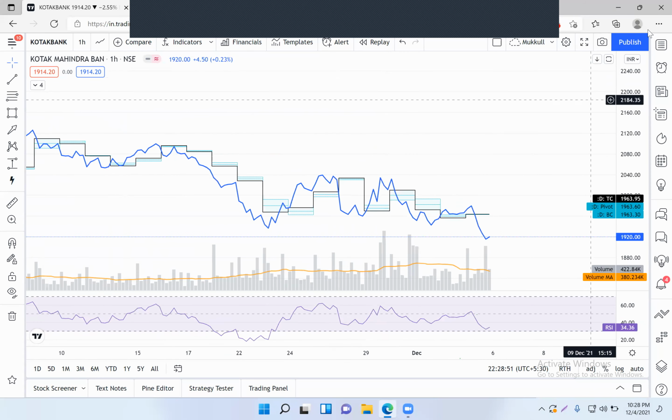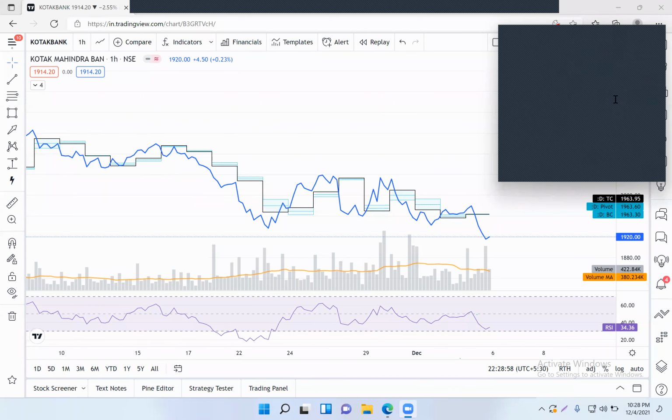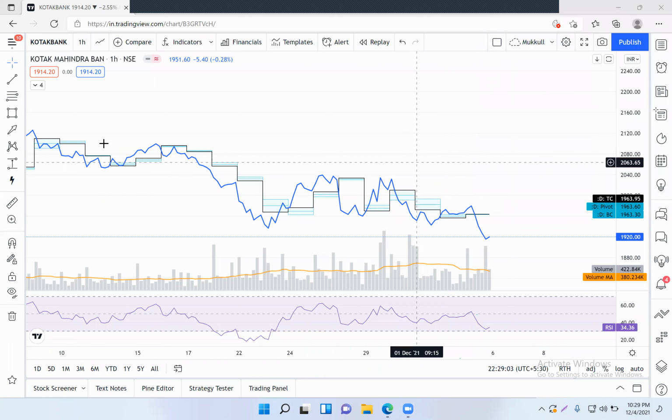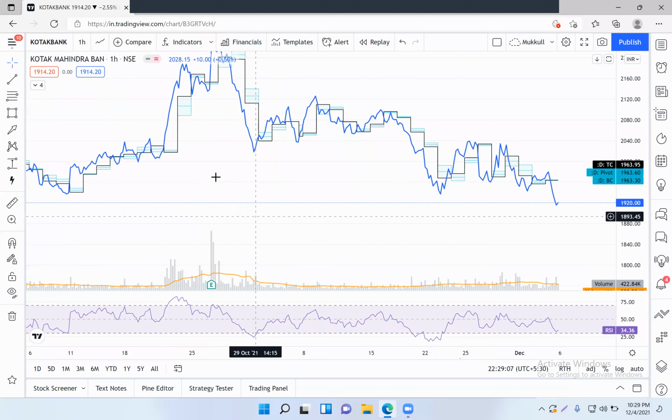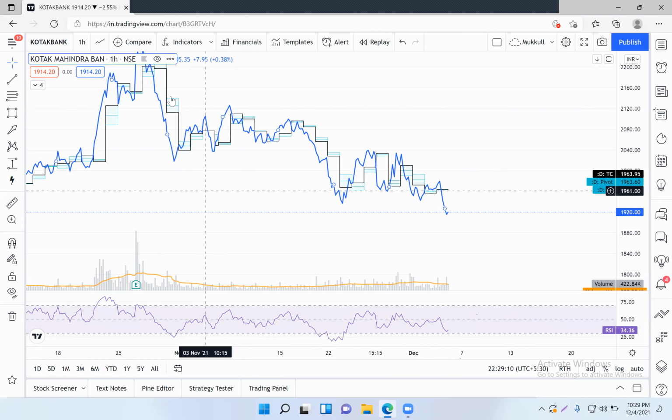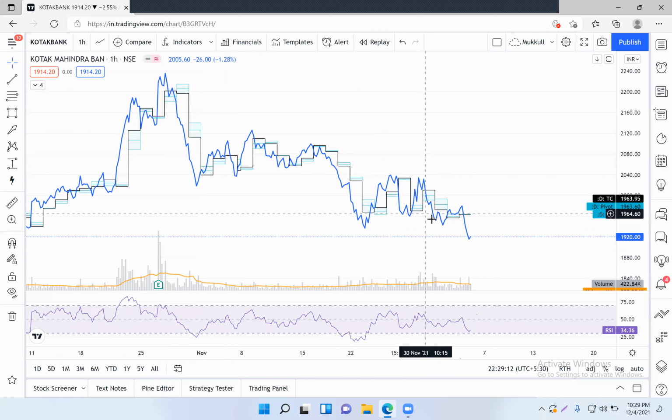Okay. So what was being said? Head and shoulder structure in Kotak, not good for long, I guess. Yes, bro. I don't know about head and shoulders, but seeing the chart only, it looks weak. Fall, consolidation.